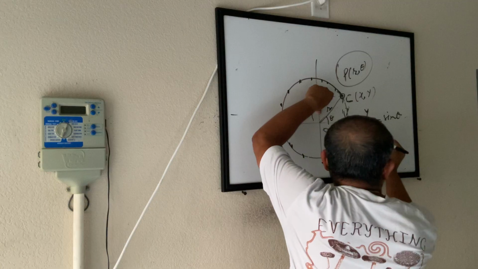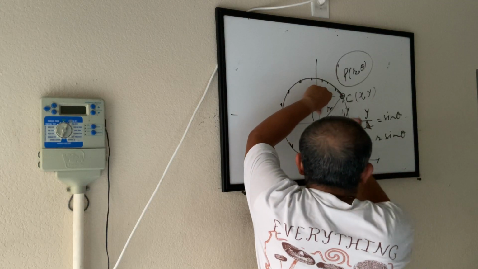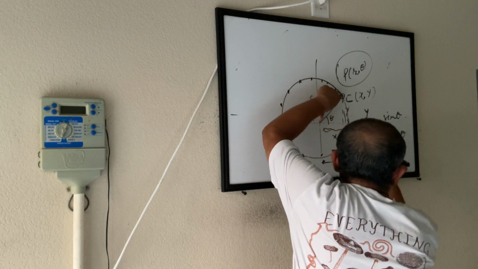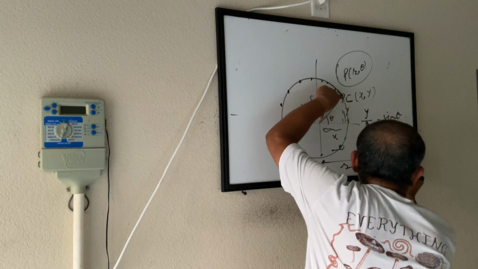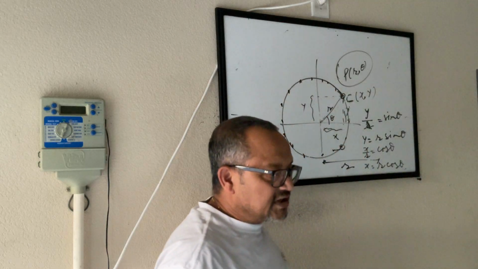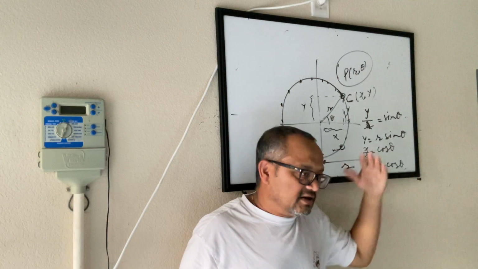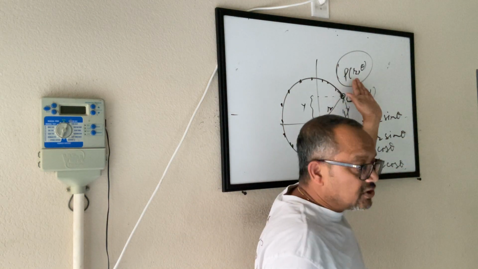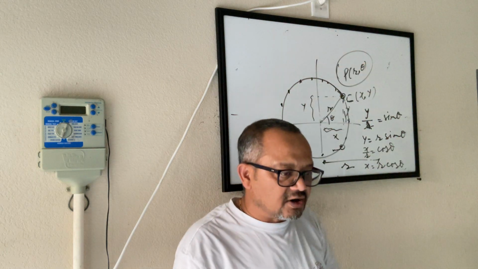That means Y equals R times sine theta. X over R is nothing but cos theta. So X equals R times cos theta. So essentially what came out from our discussion is, if you have Cartesian coordinates, you can find out the polar coordinates. If you have the polar coordinates, you can derive your Cartesian coordinates as well.